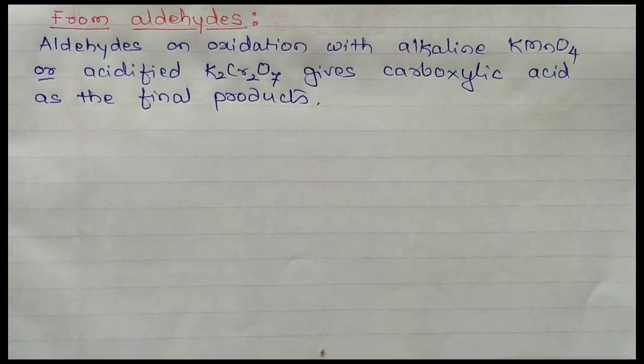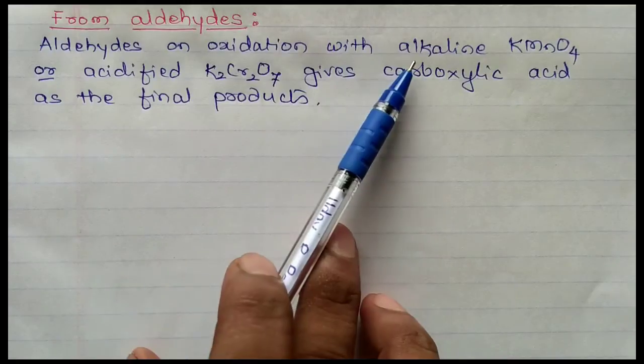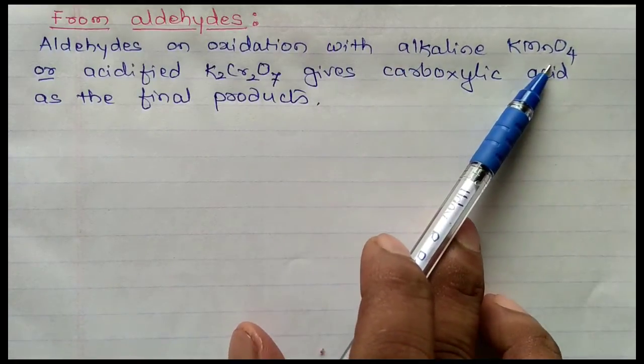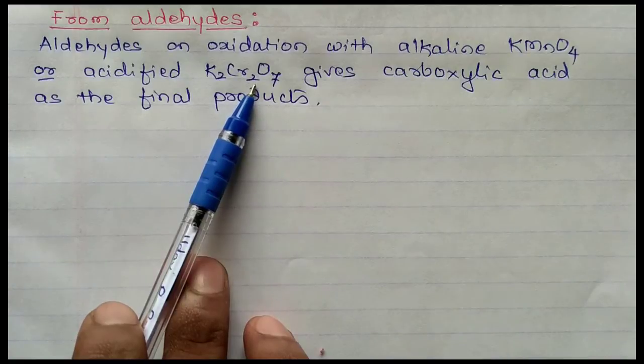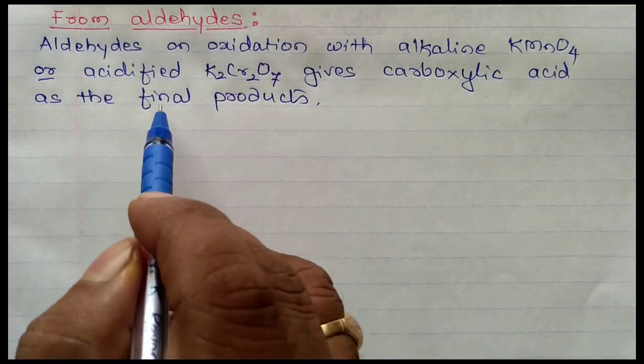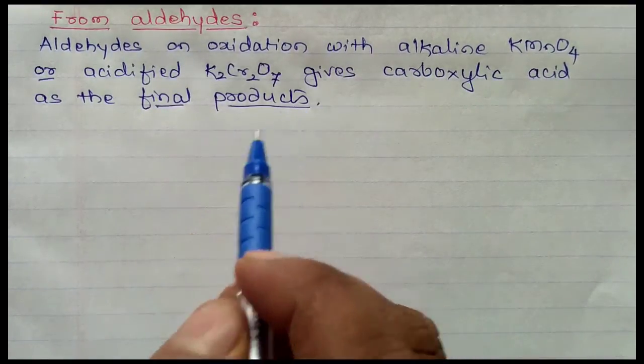Now we'll discuss preparation of carboxylic acid starting from aldehydes. Aldehydes on oxidation with alkaline potassium permanganate solution or acidified potassium dichromate solution give carboxylic acids as the final products.